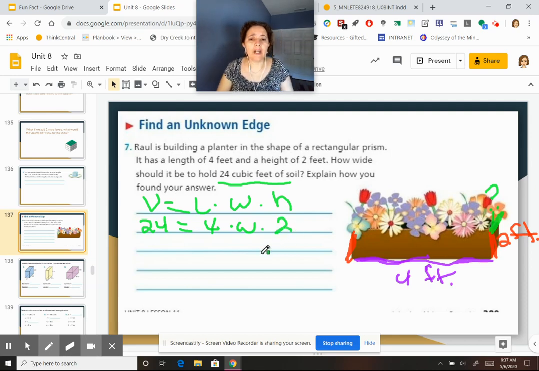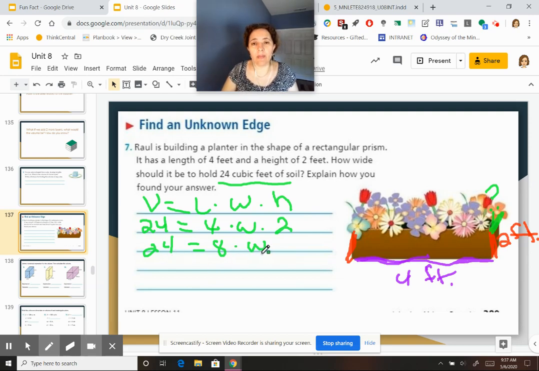So how can I solve this? Well, I don't have the width, but I have the length and the height. I can multiply these two together. So I have 4 times 2 is 8 times W is equal to 24. Now I have to say, 8 times what number is going to give me 24?